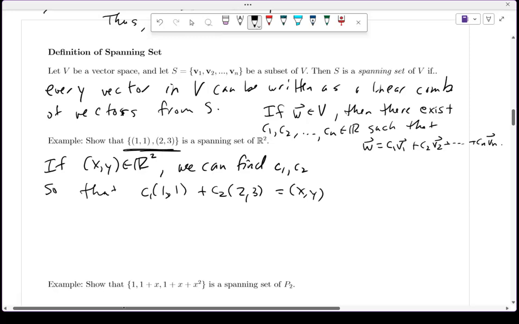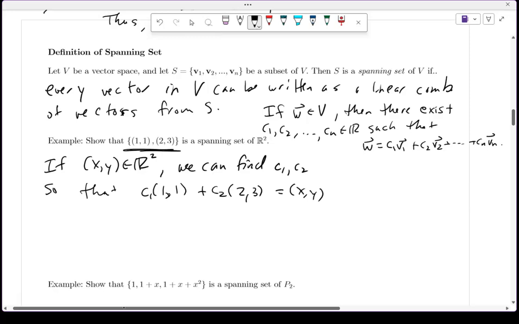That's important, right? If it's going to span R2, it doesn't matter what I start with, I can always do this. That's what that means. No matter what I choose to start with, I can always solve this.